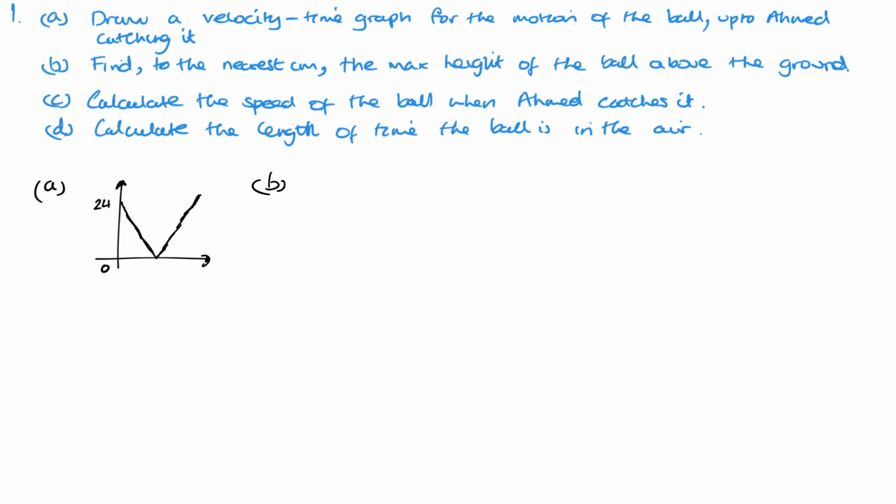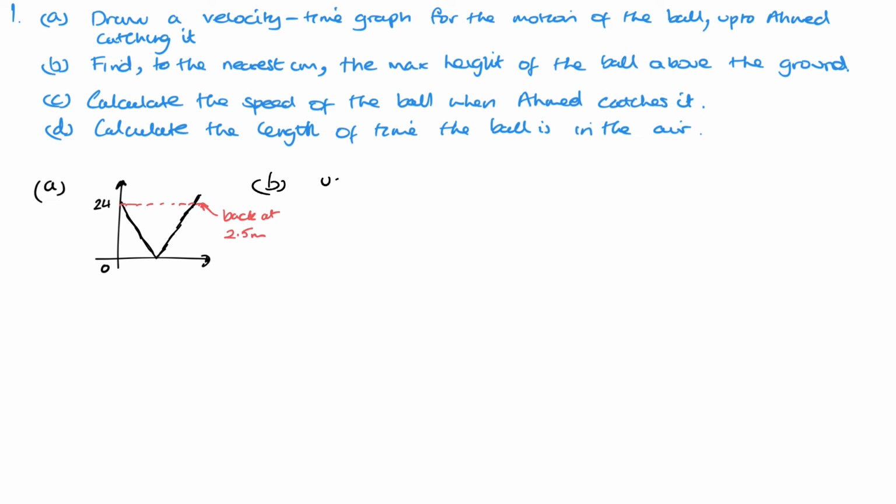Now, part B, we want to calculate the speed of the ball when Ahmed catches it. So it's quite straightforward, it's quite simple. If I look at this graph on my left here, let's do this in red. At the point of the machine, so back at 2.5 meters, it's going to have a speed again of 24, isn't it?